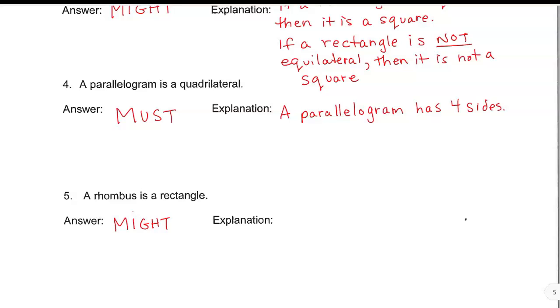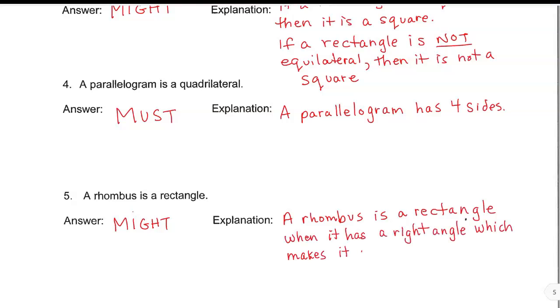So we said a square is a rhombus and a rectangle, and we can say then that a rhombus is a rectangle only when the rhombus is also a square. That's going to happen when the rhombus has a right angle. The counterexample would be when a rhombus does not have a right angle.